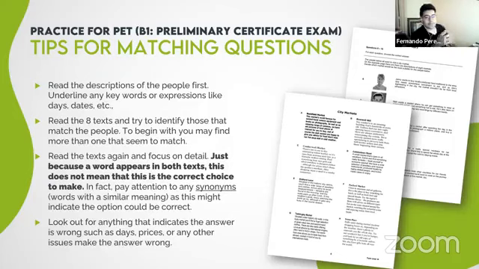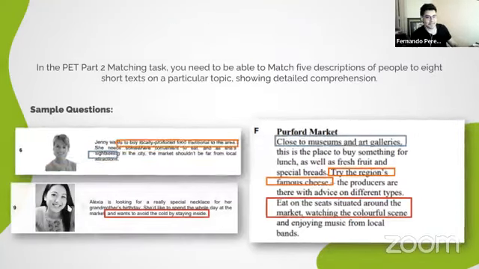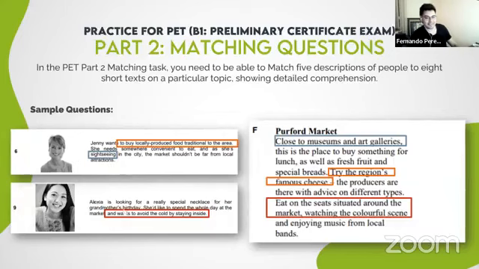Number 3, read the text again and focus on detail. Just because a word appears in both texts, this does not mean that this is the correct choice. Similar to what happened in the previous section, Alexia wanted a market, and this is a market. So not necessarily because Alexia wants a market, this is the appropriate market for Alexia.